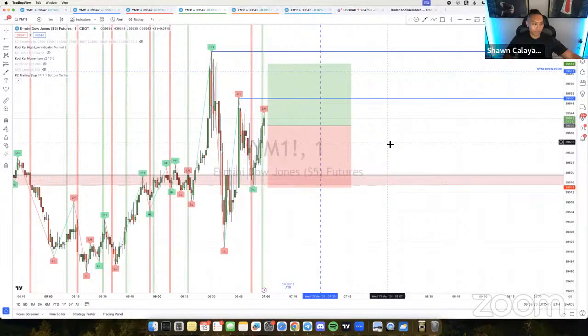We got about 20 seconds left. Got about 10 seconds left. So it's going to close in 5, 4, 3, 2, and 1.